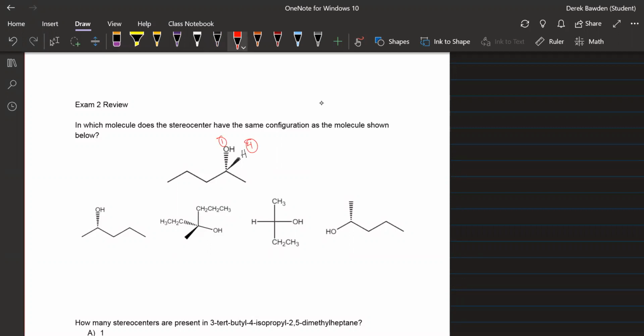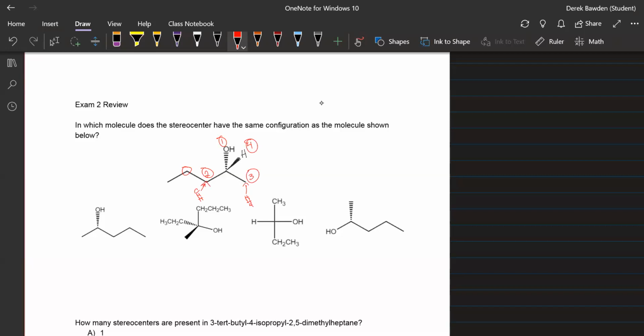Hydrogen is number 4. And then between this carbon and this carbon, we want to write our 3-letter code. This carbon is bonded to one other carbon and 2 hydrogens. So the 3-letter code would be carbon, hydrogen, hydrogen. Whereas this carbon over here only is bonded to hydrogens. So our higher priority group is going to be this one on the left and then this one.